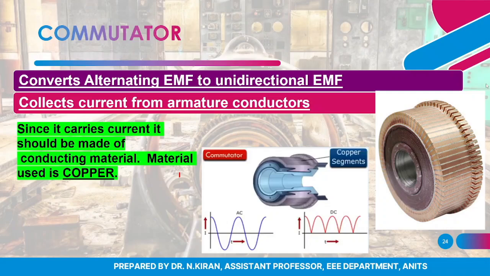The brush assembly is also connected to the armature commutator. The material used here is copper, since it needs to collect current from armature conductors. It should be a good conductor of electricity, therefore the material used is copper.